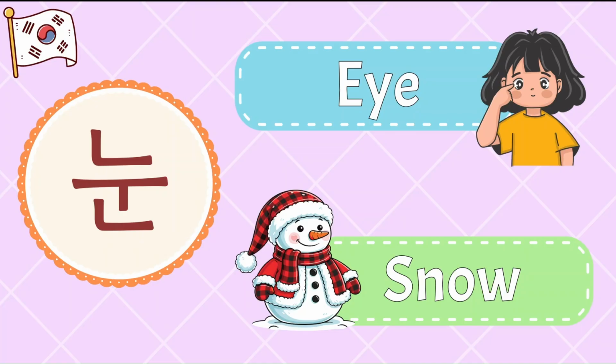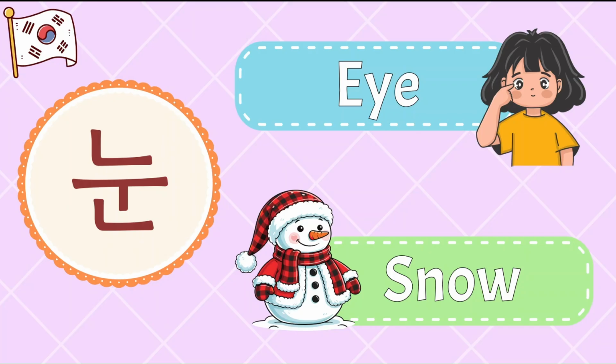First one is nun. Nun. Now, nun has two meanings. It can mean eye or snow. Now, the point is, homonyms confuse when you learn them in the form of a word. Okay, like for example, over here, nun.